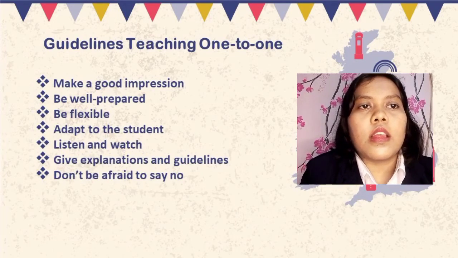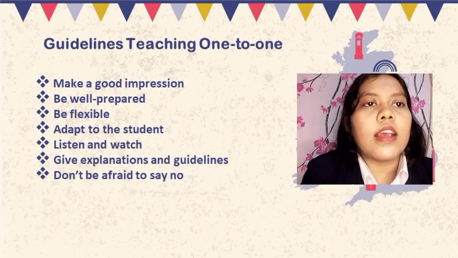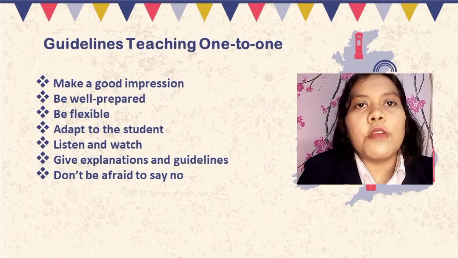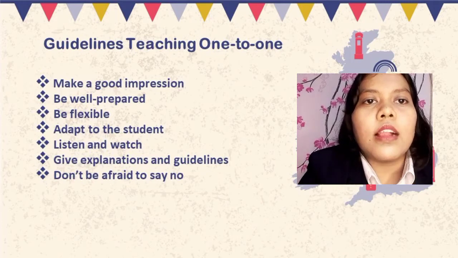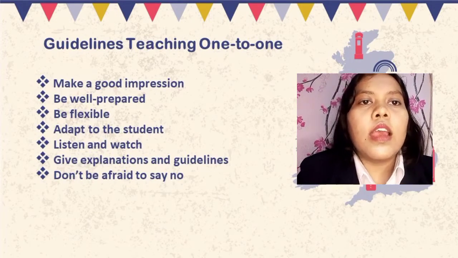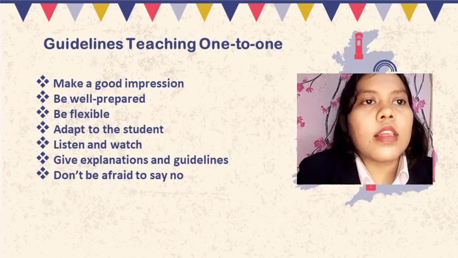Adapting to students can only take place if we are extremely observant about how individual students respond to the different activities, styles, and contents. One-to-one teachers need to listen just as much as they talk.